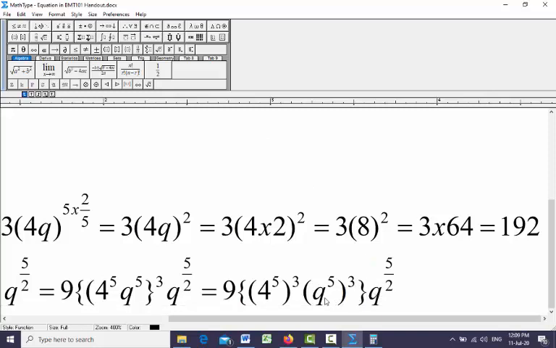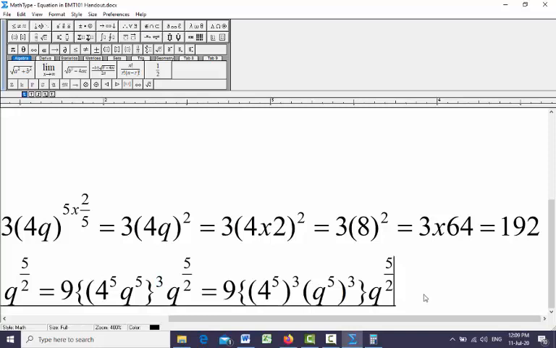Right, so what we have done is we have distributed this power 3 to all the elements of the inside materials, okay?